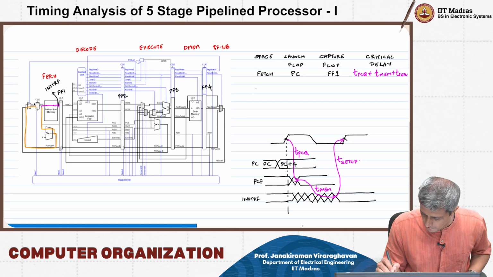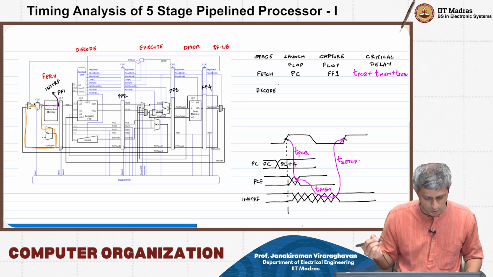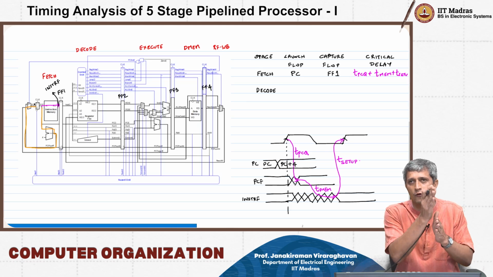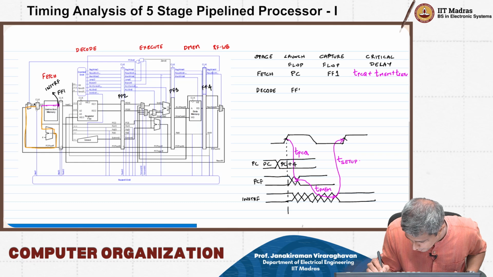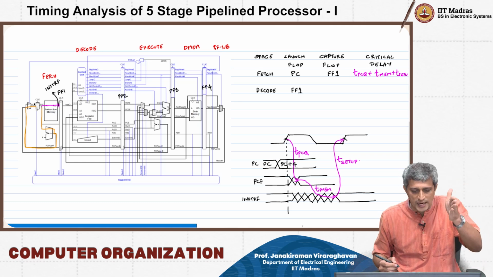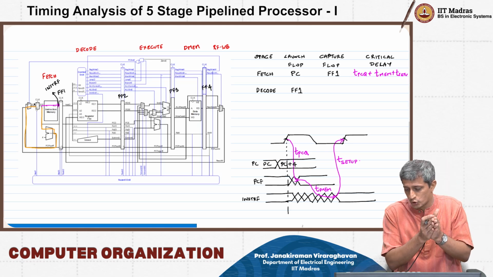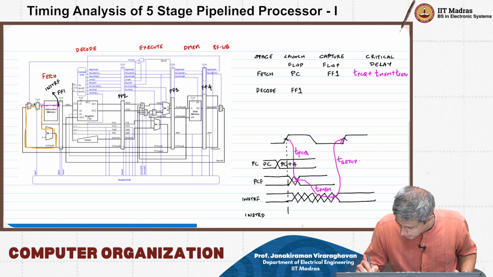Now what happens when we go to the decode stage? Okay, the decode stage, the launch is now going to happen from flip-flop 1. Therefore this is my launch flop. Okay, and then the instruction D, INSTR D, is the output of flip-flop 1. So on the next cycle, if you look at INSTR D, this is my second clock cycle, right?